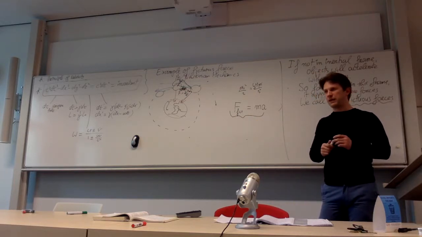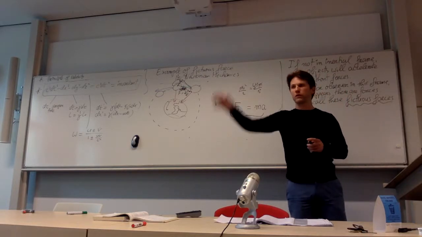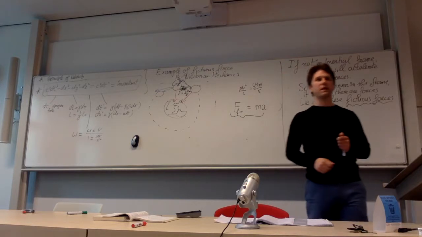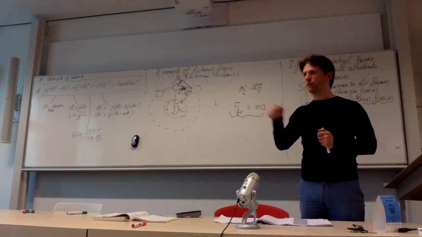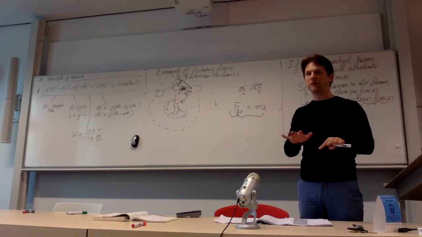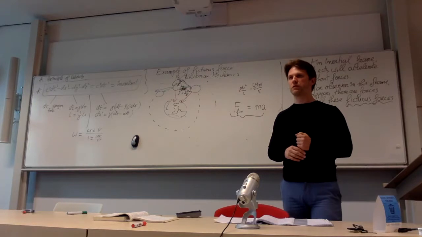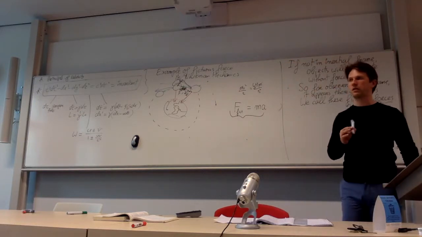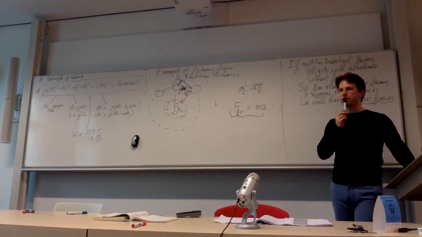Here's another way of telling if something is a fictitious force. If you throw something around and you see that it moves according to a certain path, and you throw some other thing around that's 20 times heavier and it follows the same path, so it's regardless of what the mass is. Conclusion, then apparently it must have been a fictitious force because mass has dropped out. So is gravity a fictitious force?